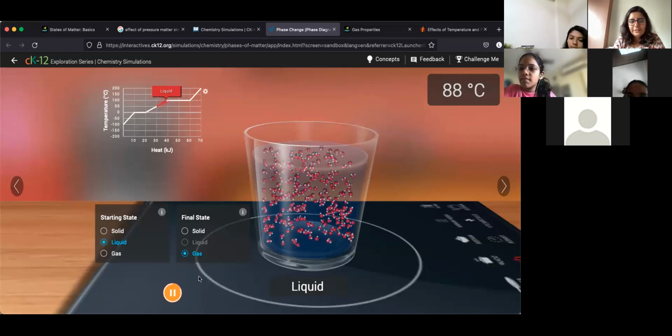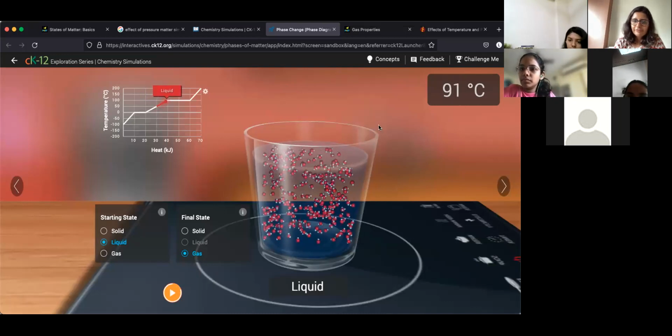So now I've heated it only from 50 to 90 degrees. Water is still in liquid state only, but what did you observe? What was happening to the molecules here?